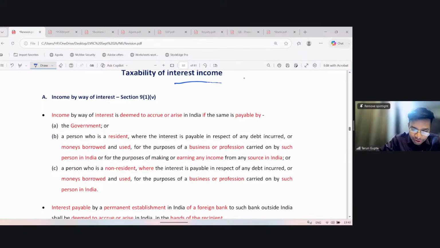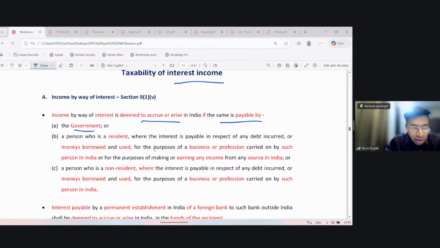The second such income, which is taxable even without a PE or business connection, is interest. The law says income by way of interest is deemed to accrue or arise in India if it is payable by the government. If the payer is the government, then the interest income shall be deemed to accrue or arise in India.